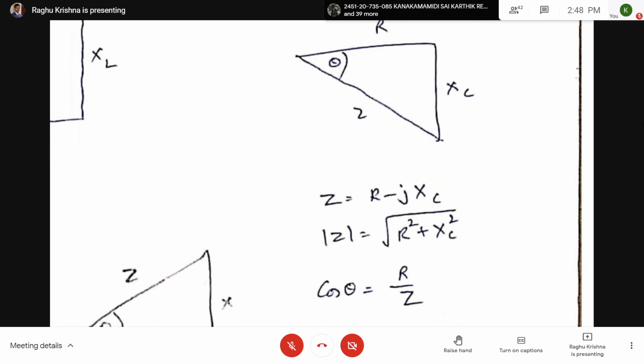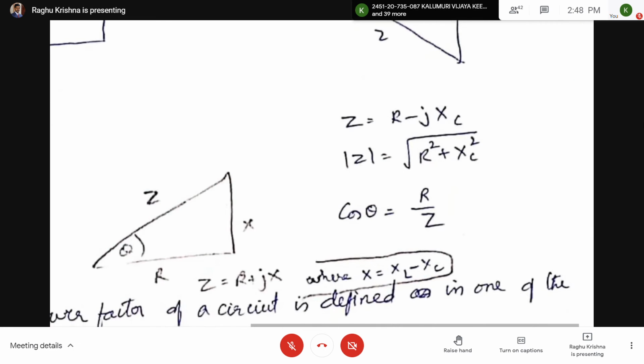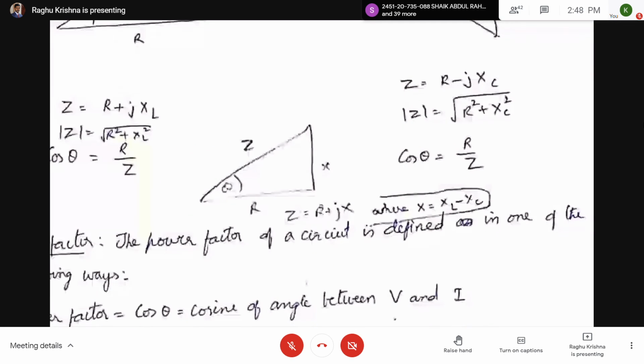Now cos theta equals R by Z. If you take an RLC circuit, Z equals R plus JX, where X equals XL minus XC. Based upon the values of XL and XC, X can be positive or negative.